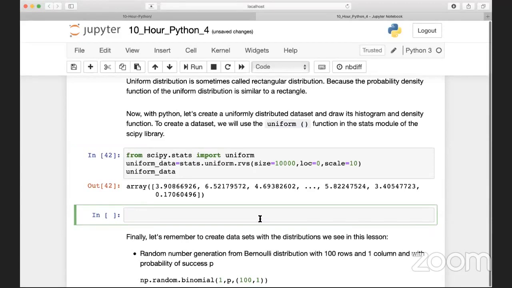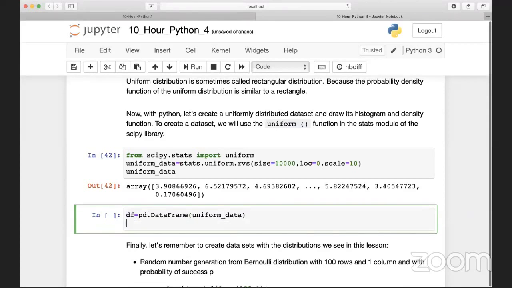So I will draw the plot using the pandas library, pd data frame. I will turn it into a data frame to take advantage of the pandas visualization package, because it's in an array format. So I will turn the uniform data into a df data frame. I assign the name df to the variable.